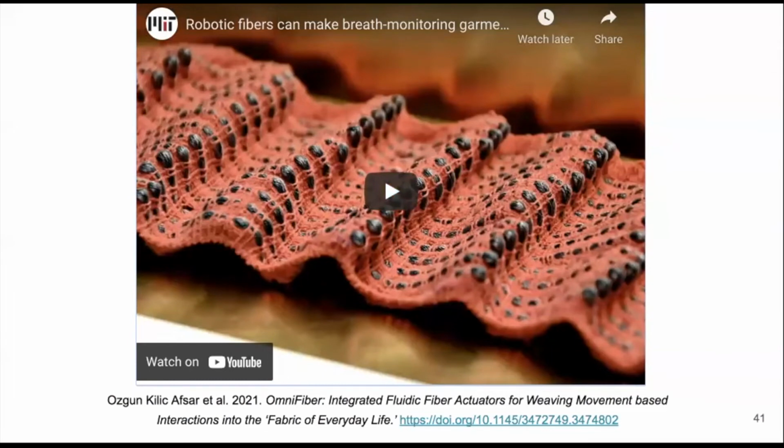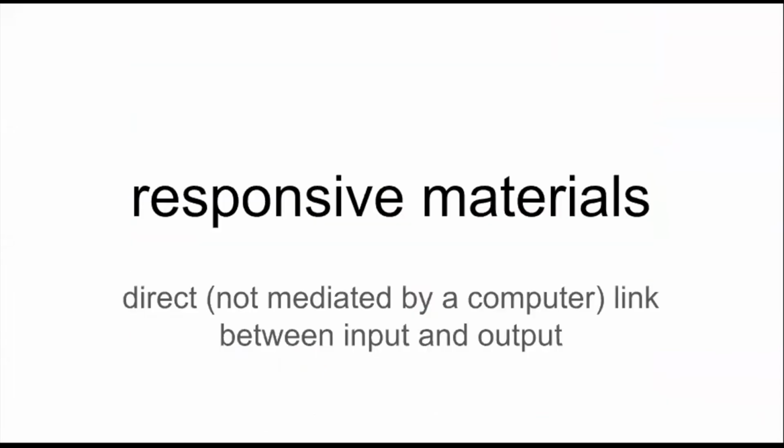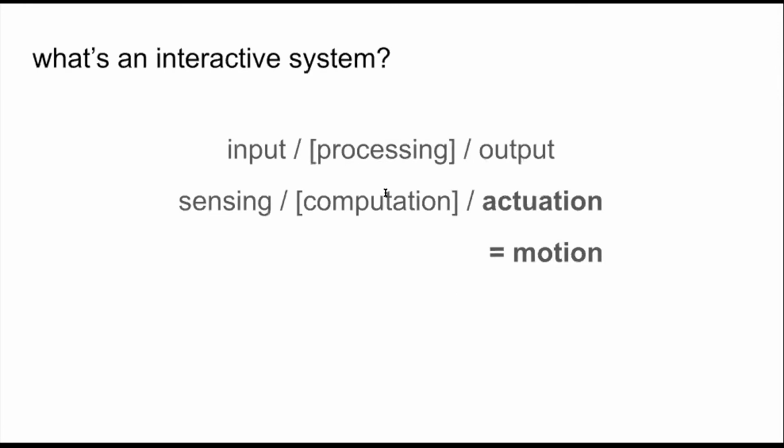Okay, which brings me to one last bit in this first section, which is the idea of responsive materials, which is actually the beating heart of this class. Because when I said up here, scrolling back up for myself, interactive system, input, output, there's probably a computer in the middle. There doesn't actually have to be, right? As an artist and an architect, I would argue that literally every material is interactive.